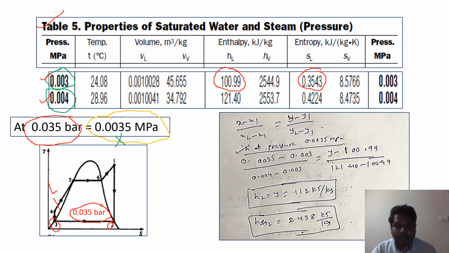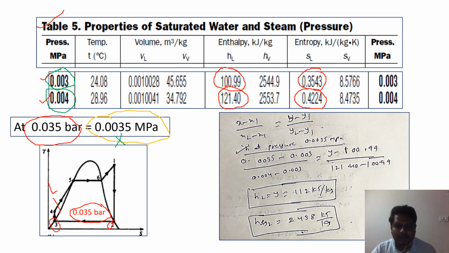At 0.004 megapascal, HF value, enthalpy of the fluid is 121.40 and entropy value 0.4224 kilojoule per kg Kelvin.